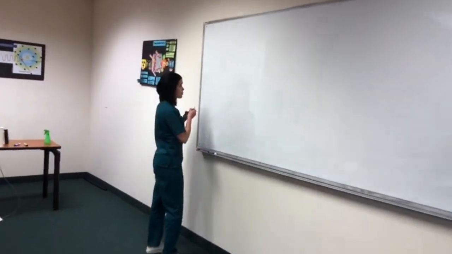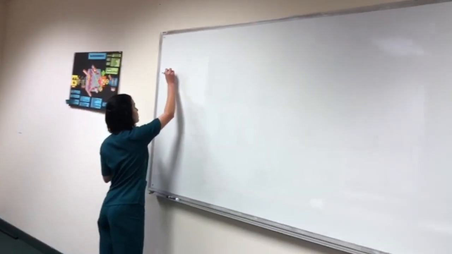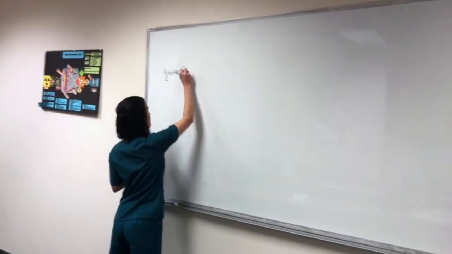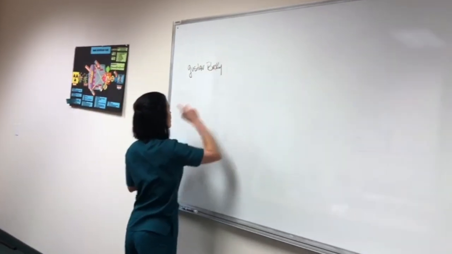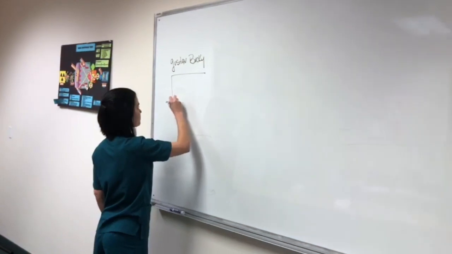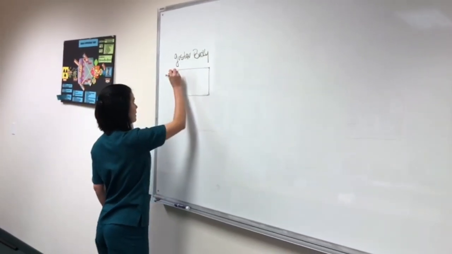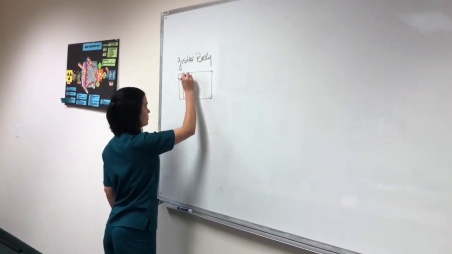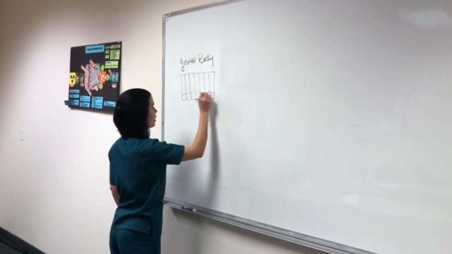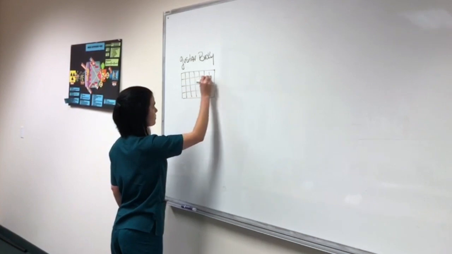The grid was constructed by Gustav Bucky. The first grid ever constructed looks like this. You have lead strips running parallel, and then you have horizontal lead strips.